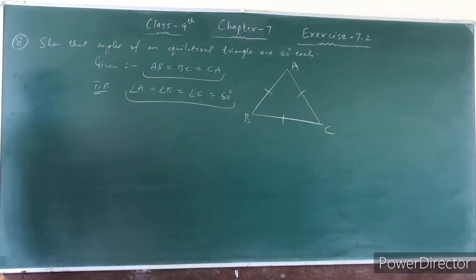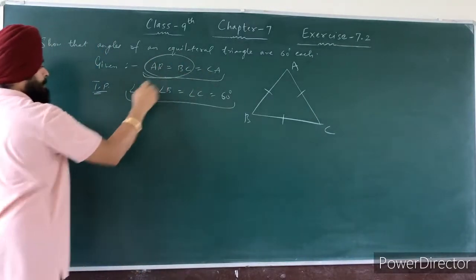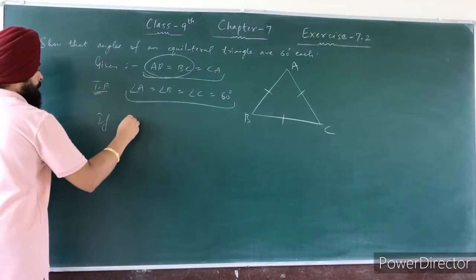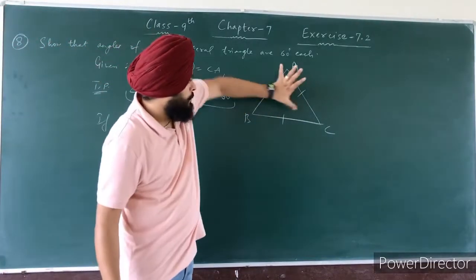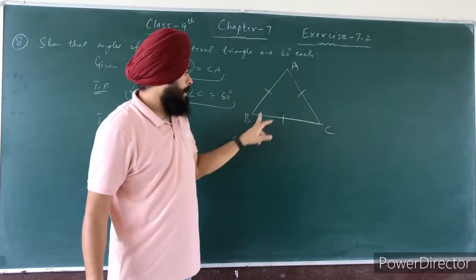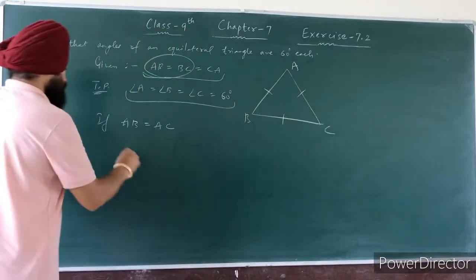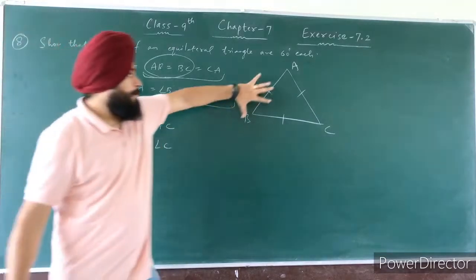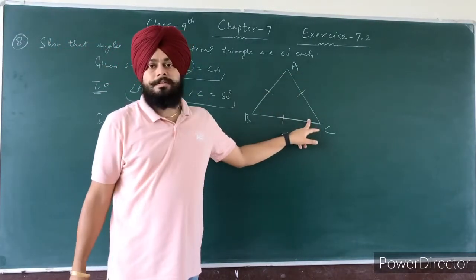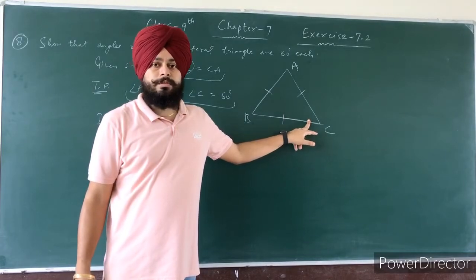So first you can take these two sides. If AB equal to AC, then angle B equal to angle C. Angles opposite to the equal sides are equal.